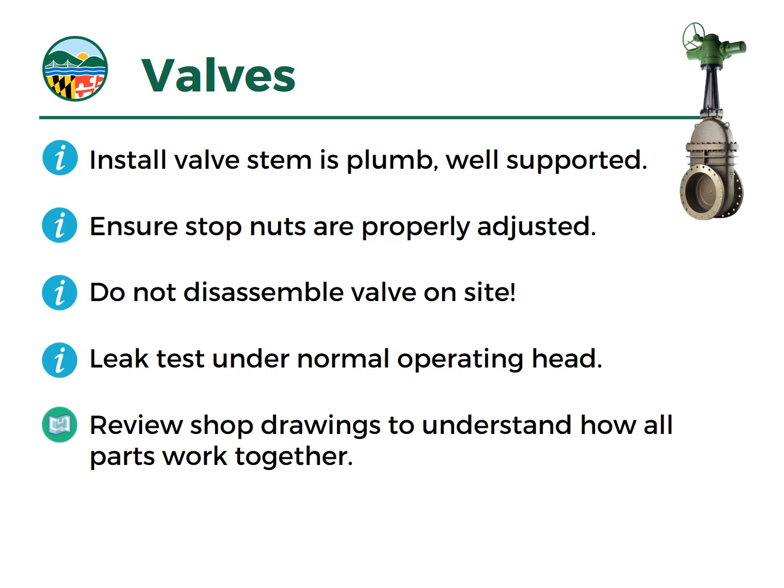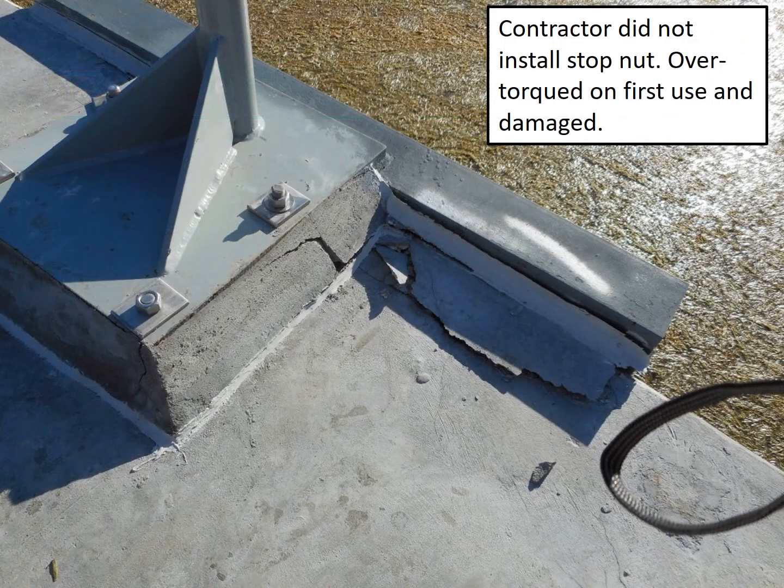It wasn't provided, and that gasket wasn't installed, and even with only about 14 feet of head on it, we didn't have good bonding between two metal surfaces where the gasket should have been, and we've got excessive leakage from that. But if somebody had seen the shop drawings, they would have called out and said, hey, where's the gasket? And we could have avoided that leakage as well.